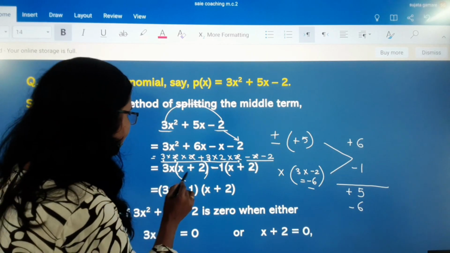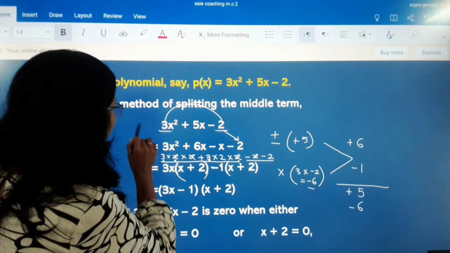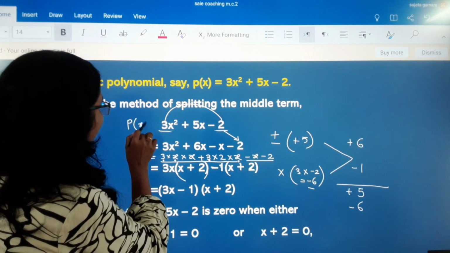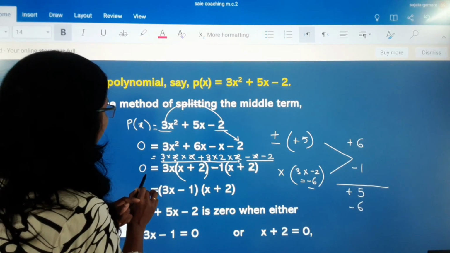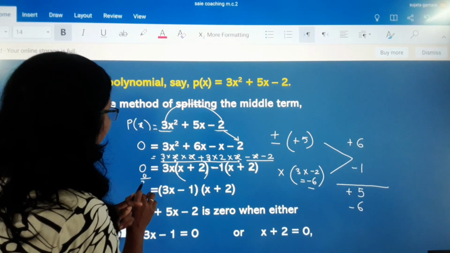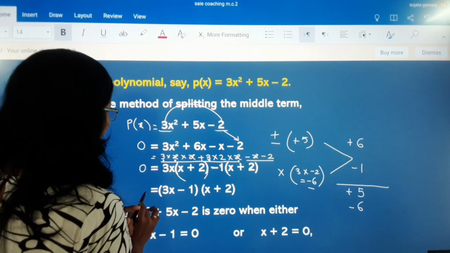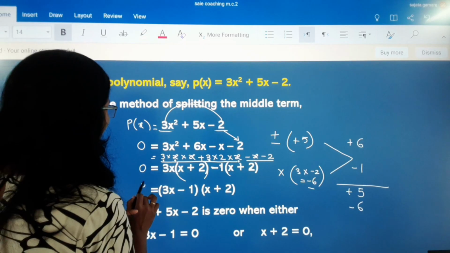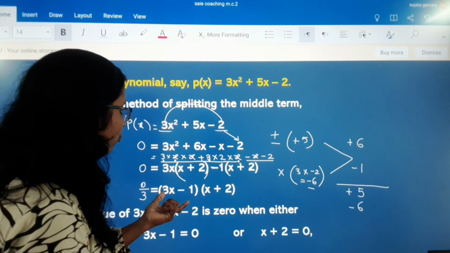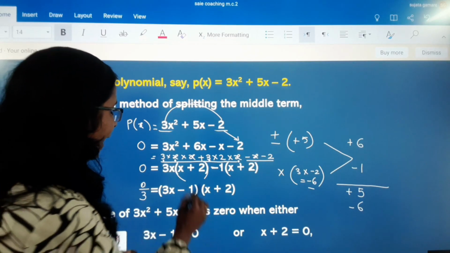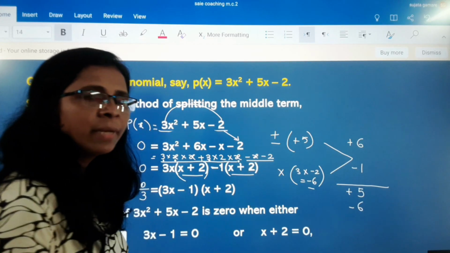Now here we have 0 on the right side, so at this stage we have 0 upon 3. Now here we write x plus 2, and x plus 2 in the second bracket also.